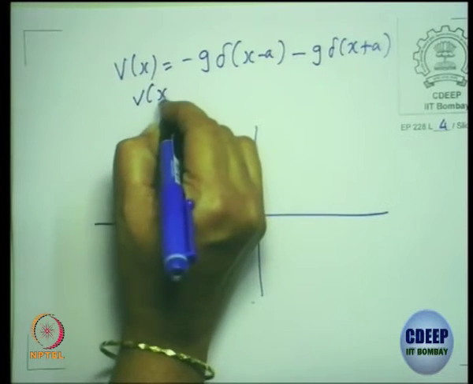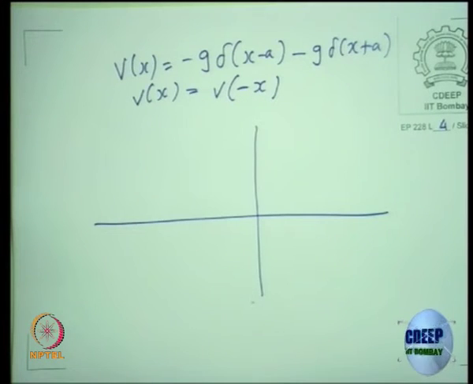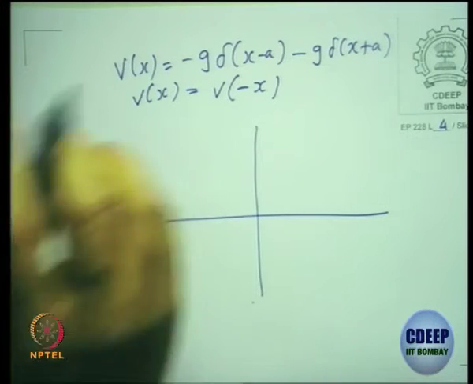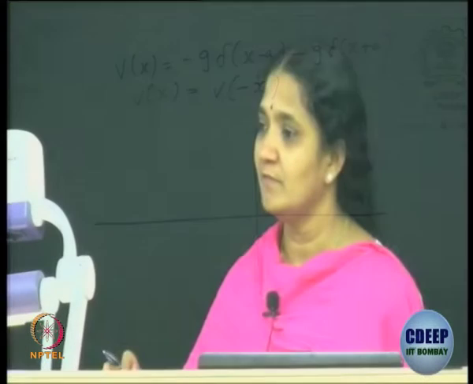Does this satisfy V of x equal to V of minus x? Satisfies. What kind of solutions can you write here? Because of this property, we will prove also, whenever you have this property, the solutions will be either even functions or odd functions. And even functions will not have a node at the origin, but odd functions will have a node at the origin.